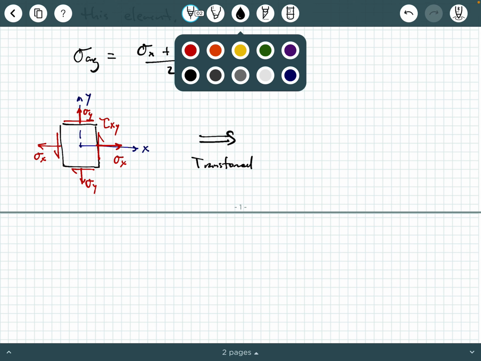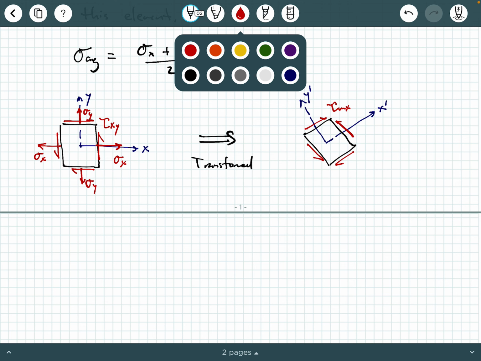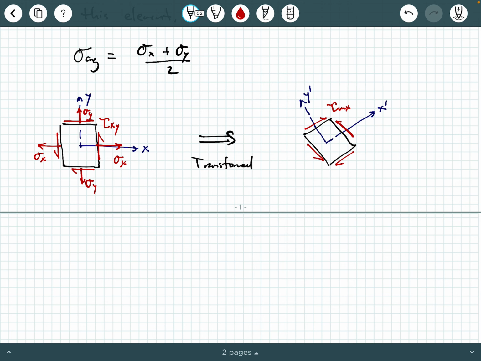So I'm going to go immediately to the transformed y prime, x prime coordinates. The transformed equivalent system is going to have a tau max acting on it, but it's also going to have an associated average normal stress. So we're going to sketch that on like this, all around.